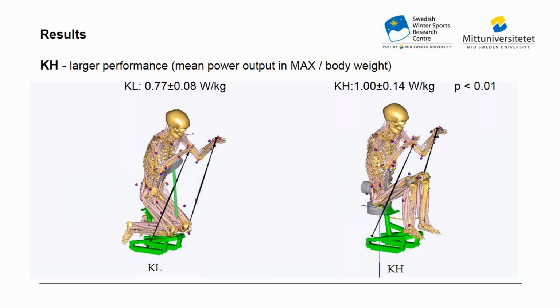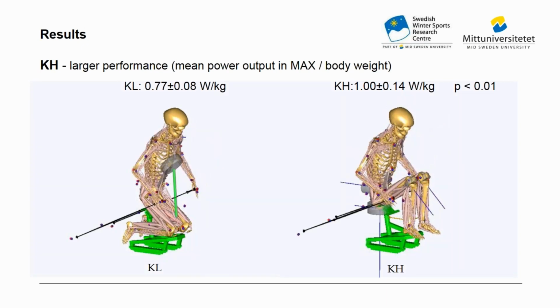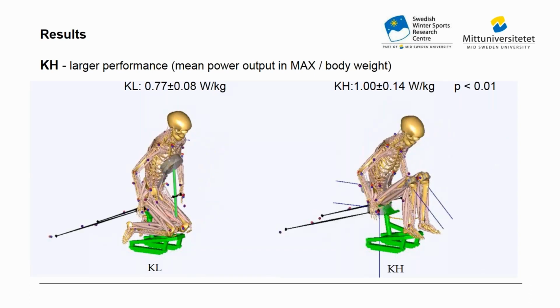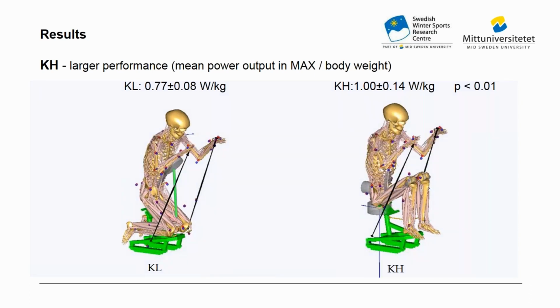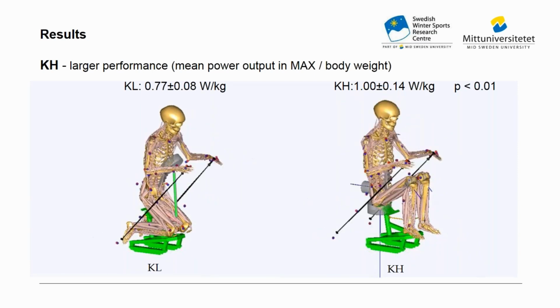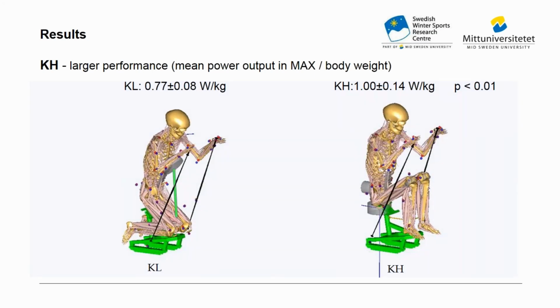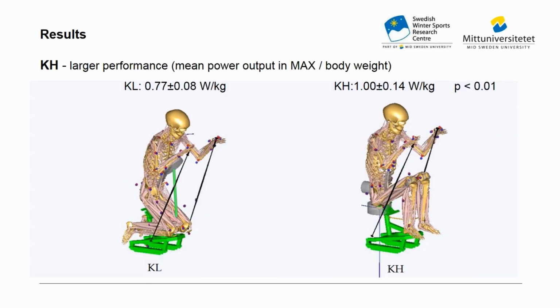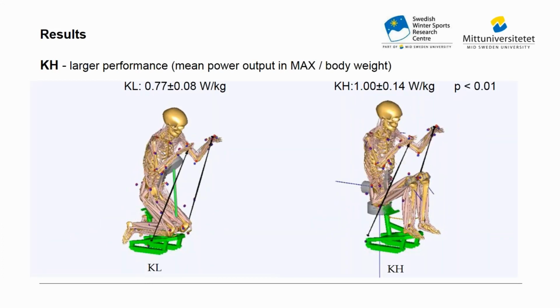If you look at the right figure, the KH position, there is a little more activation in the trunk. And the blue lines that you see coming out from the shoulder when she pushes represent the shoulder joint reactions, and you can see both the size and the direction of them.